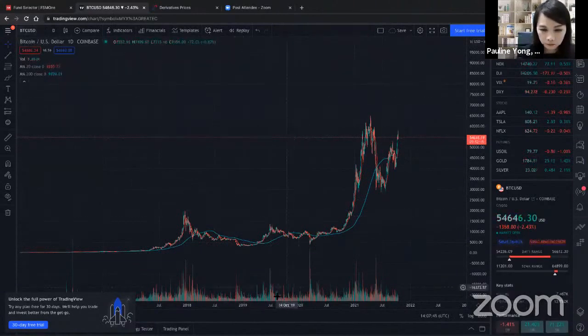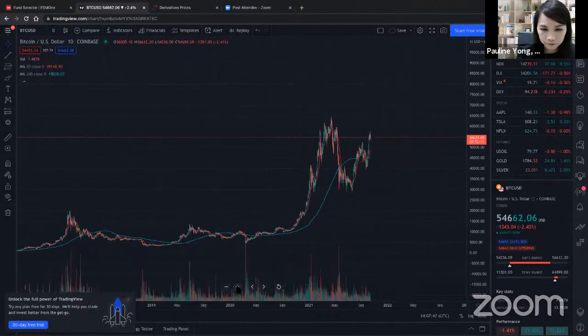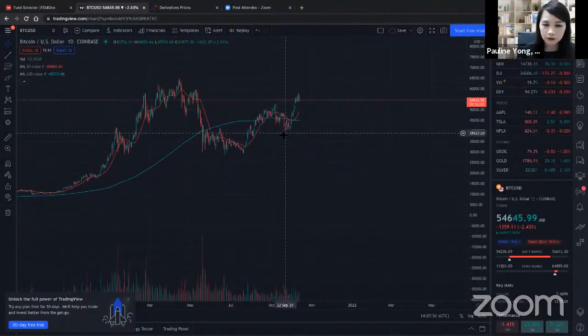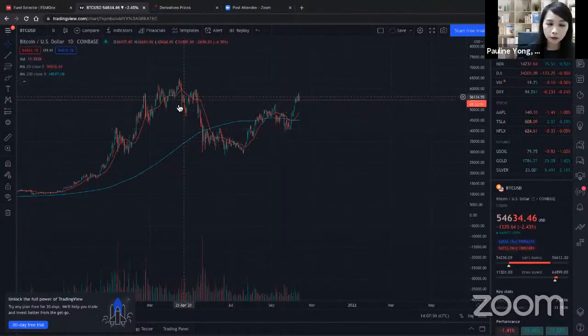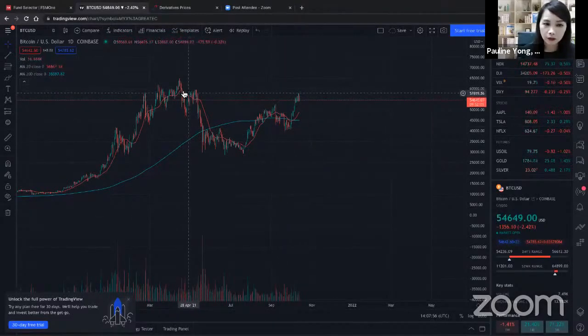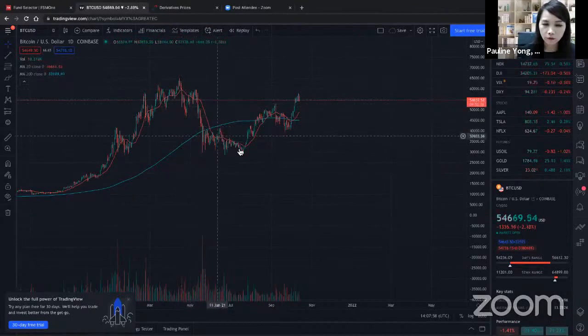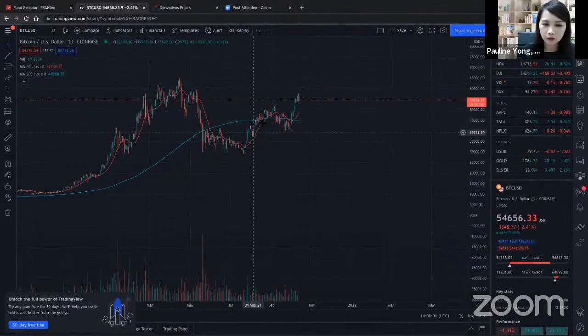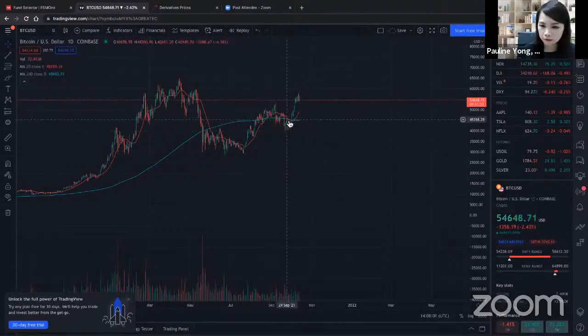Okay, maybe I zoom in here. Okay, zoom in here. So I'm looking at September here, all right? So you see that you have a 1, 2, 3, 4, 5. Okay, we have already completed 1, 2, 3, 4, 5, and then A, B, C. So actually we are looking at uptrend here.